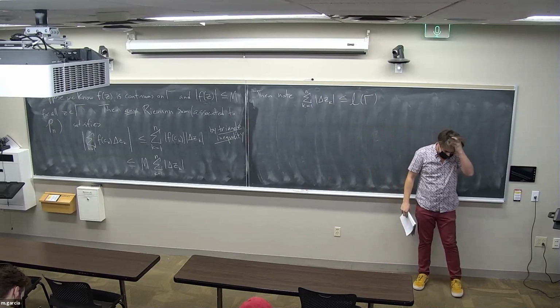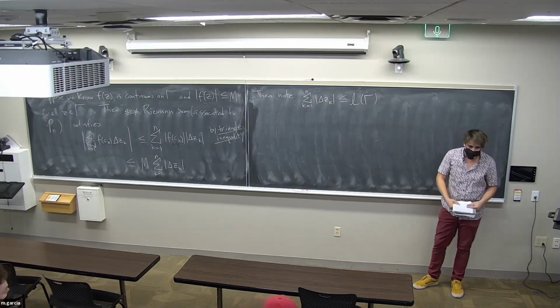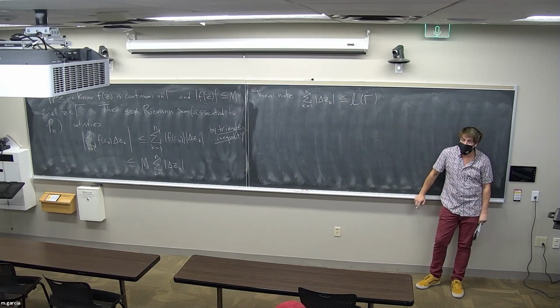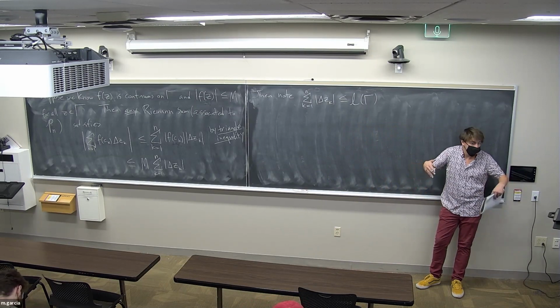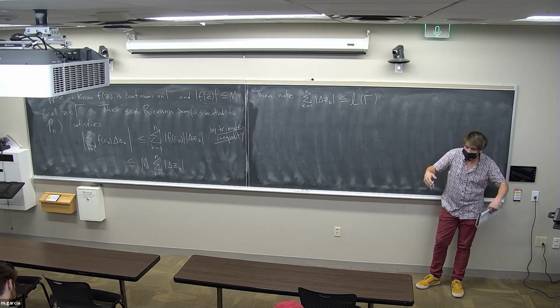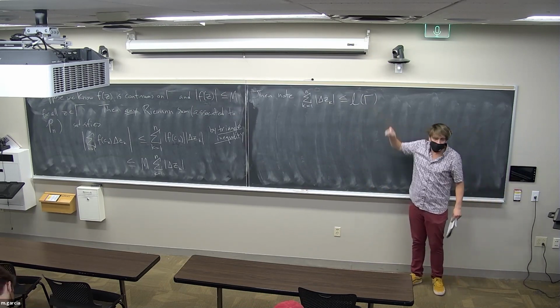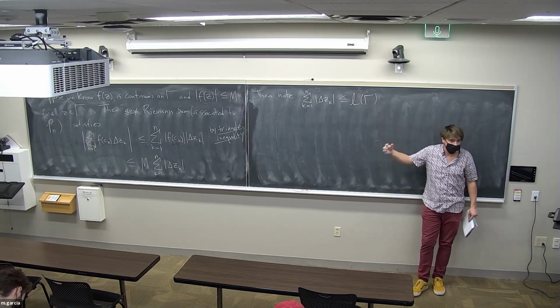Remember, we defined in lecture on Tuesday, or perhaps it was last Friday, the length of a directed smooth curve is just the integral of the distance formula, essentially. Right? And the length of a general contour gamma is just the sum of the lengths of each of the components of capital gamma. Right?